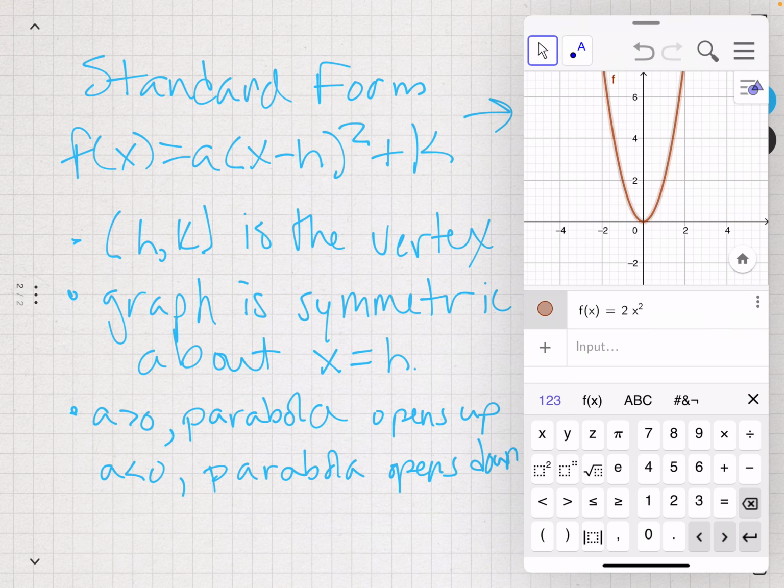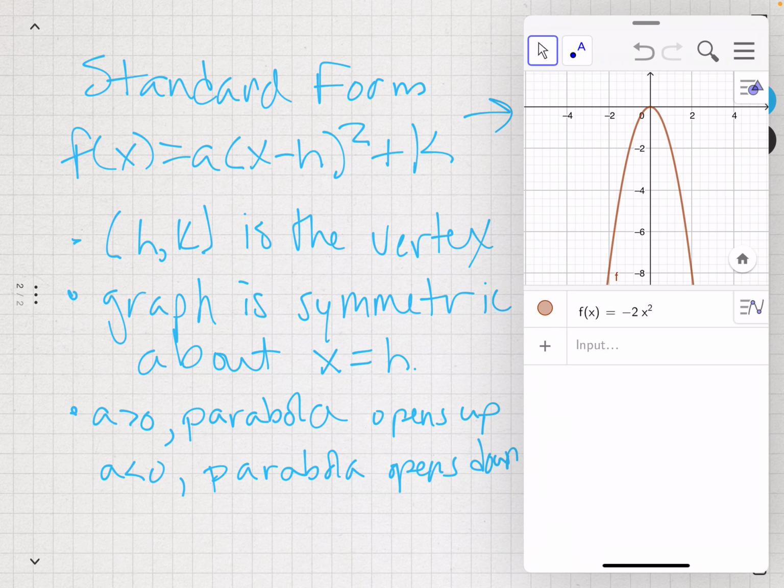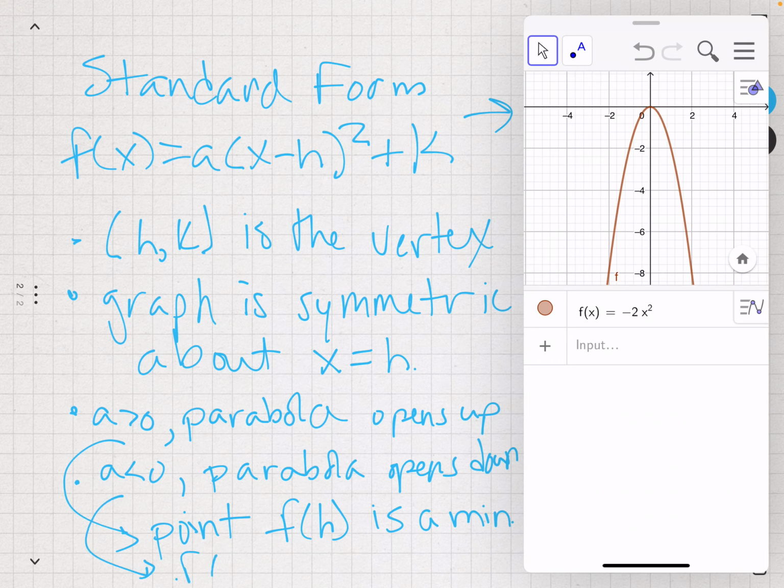So if instead of 2x squared we had negative 2x squared, we have a parabola that opens down. Two related facts: if a is greater than 0, not only does our parabola open up, but the point f of h is a minimum, and if a is negative, f of h is a max. Let me go to the next slide.